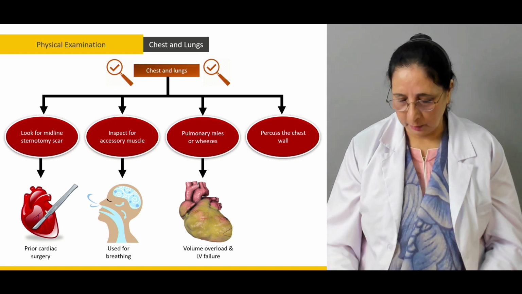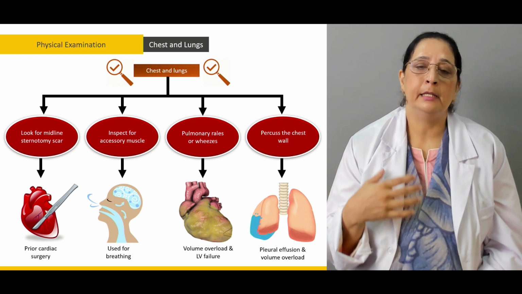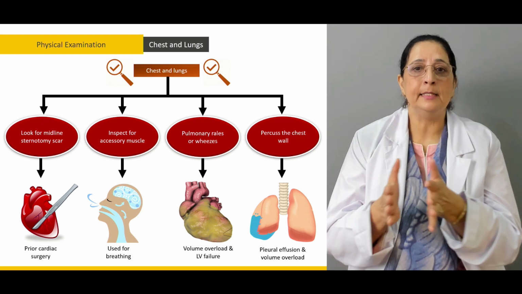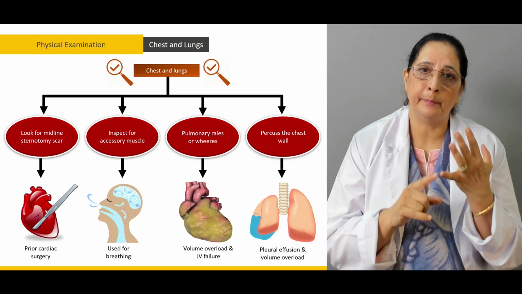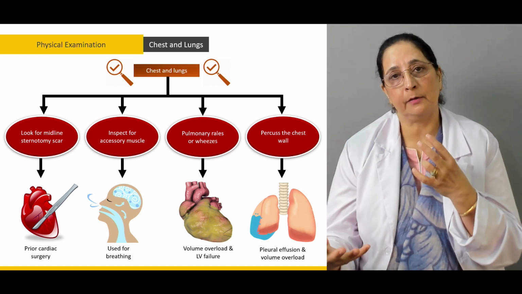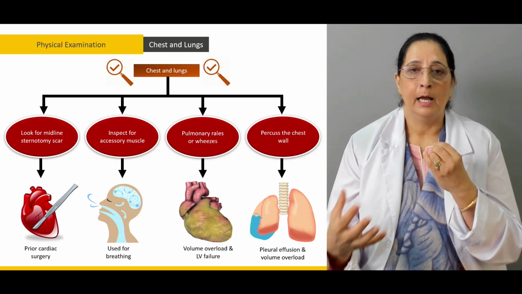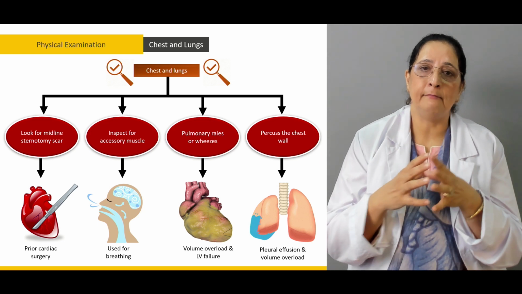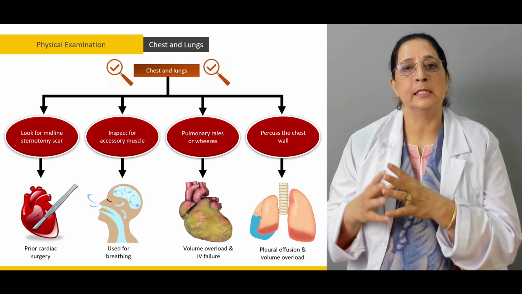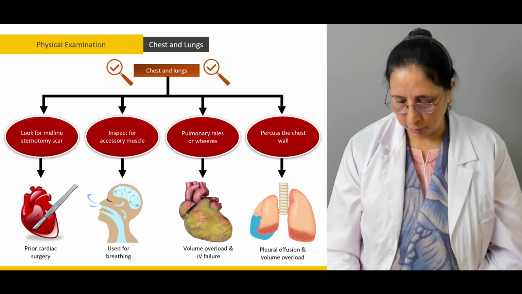So percussion also gives us the idea if there is fluid in the chest or if there is volume overload. So all these examinations, we talked about the history taking, we talk about the general appearance of the patient, look for the color of the skin, look for the appearance of the patient, and then we go for the different organs, different systems one by one that help us in the diagnosis.